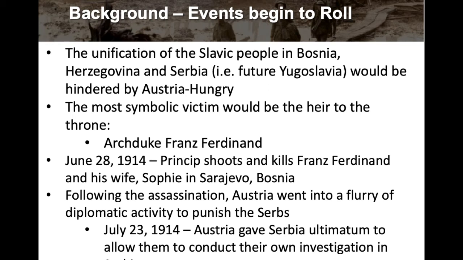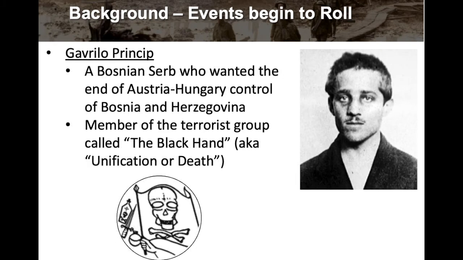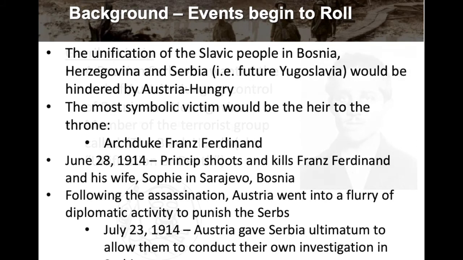On June 28th, 1914, Princip, this guy on the screen, shoots and kills Franz Ferdinand and his wife Sophie in Sarajevo, Bosnia. Okay, so the capital of Bosnia is the city of Sarajevo, and he assassinates them. Princip shoots and kills Ferdinand and his wife Sophie. They were there for a visit.